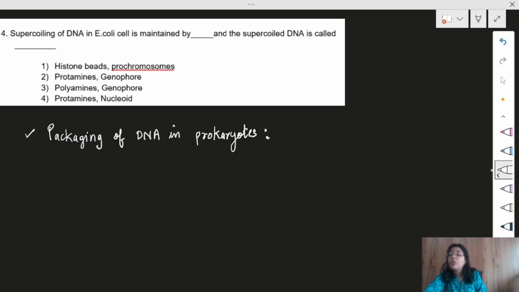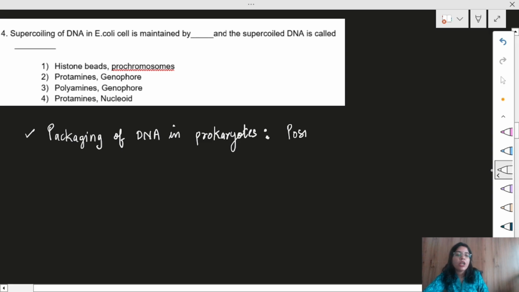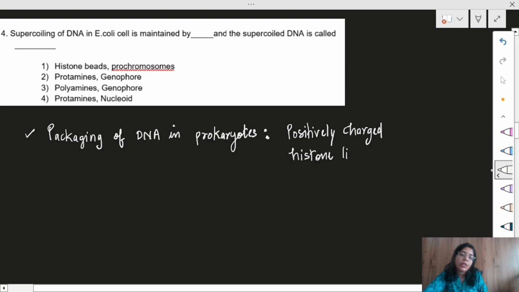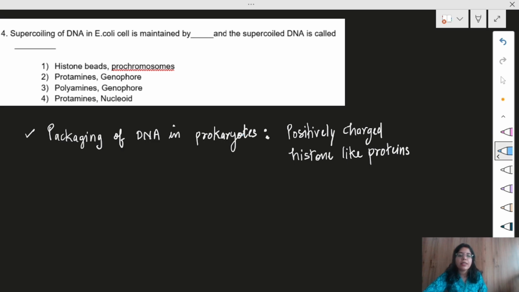This packaging of DNA in prokaryotes occurs with the help of positively charged histone-like proteins. They are not histone, but their functional character is like histone.